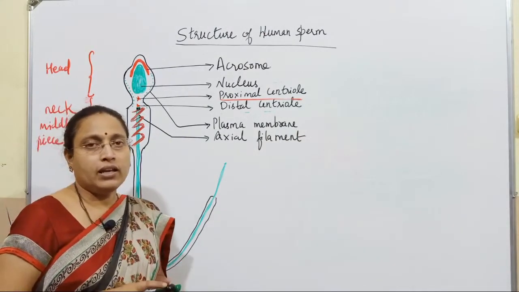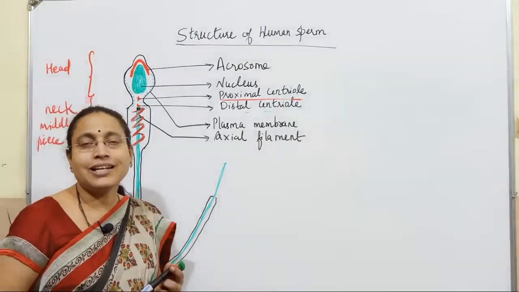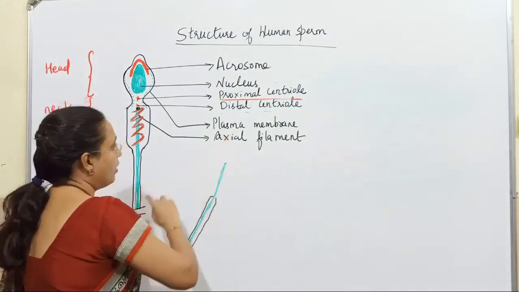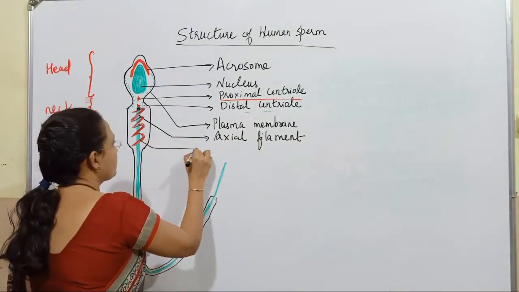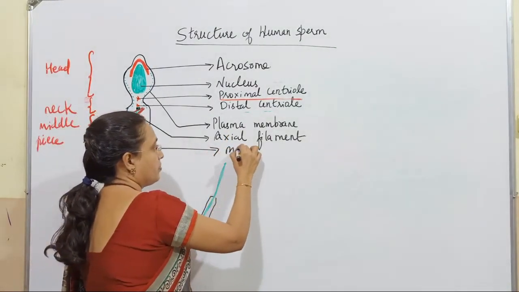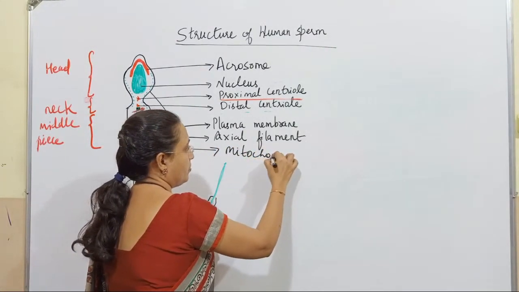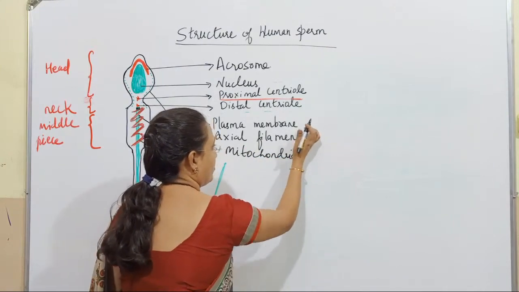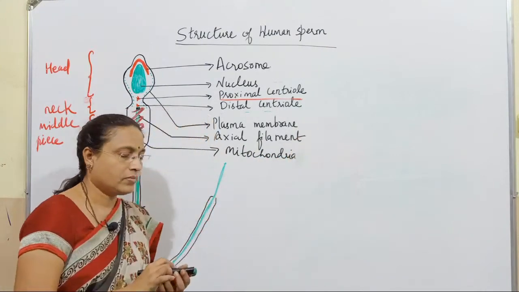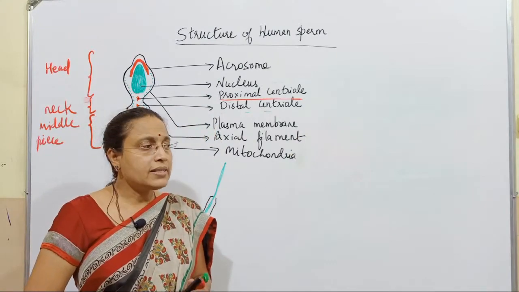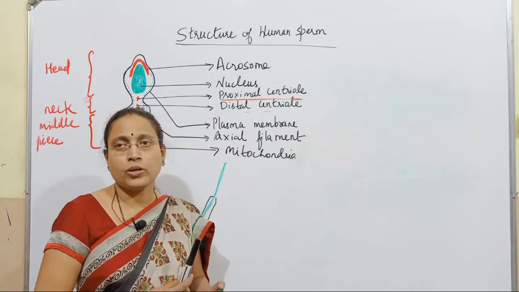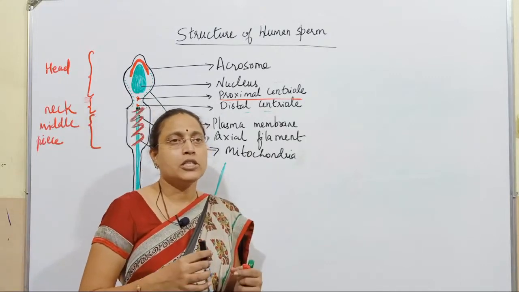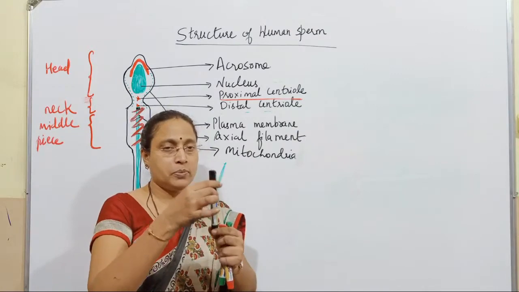Now this mitochondria, which is represented in red here, is spirally coiled around the filament called the axial filament. In most cells mitochondria won't be spiral, but in sperms mitochondria will be spiral.